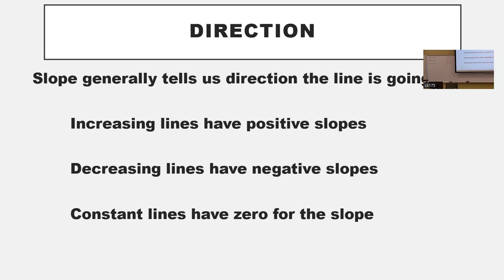There's also something called a constant line. That's simply a horizontal line, right? And a horizontal line would have a slope of 0. There's no change in the y values there. We'll look at vertical and horizontal lines a little bit later.